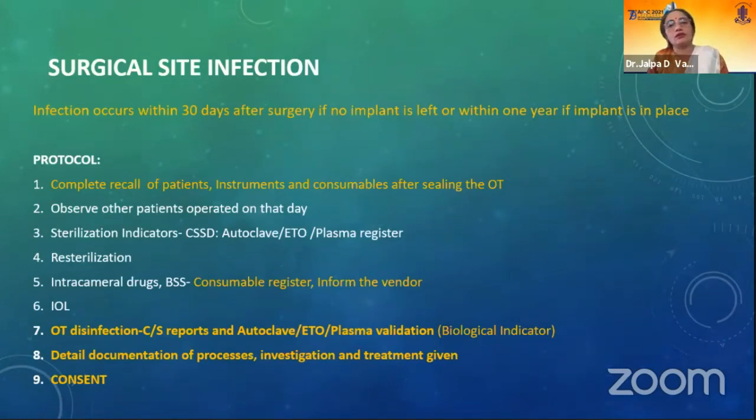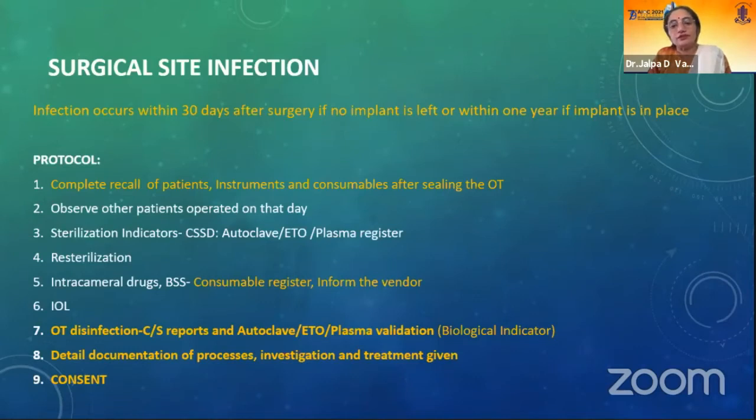We recall all the patients, instruments, consumables. After sealing the OT, we observe the other patients operated on the same day and operated with the instruments sterilized during the same autoclave load. Recheck sterilization indicators, which would help you in the recall process, and recheck all the consumables and inform the suppliers or vendors.